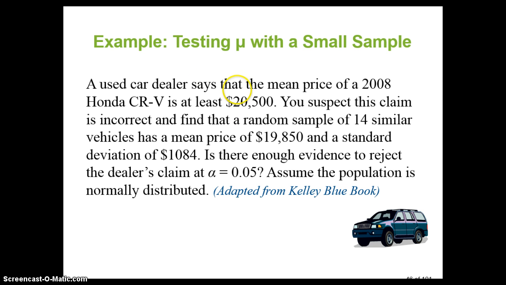Now, looking at how it's worded here, at least $20,500 means it can be $20,500 or it can be more than $20,500. So that's actually a greater than or equals case. It can be exactly $20,500 and it might be more.